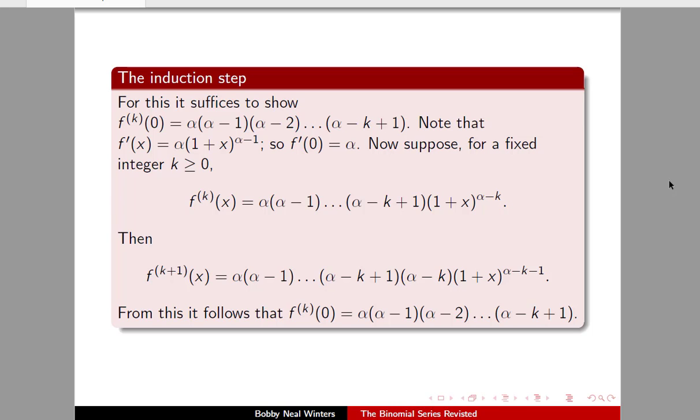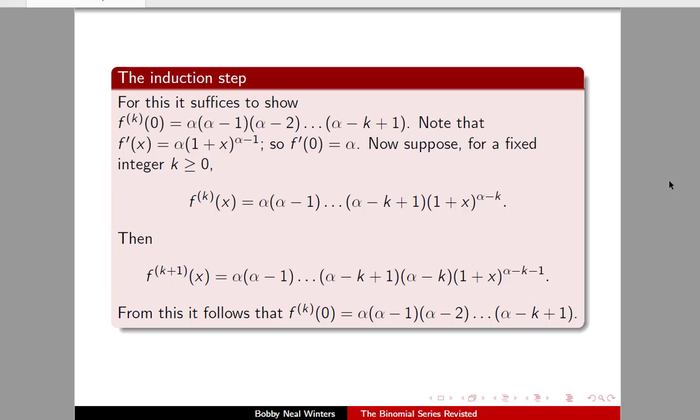Okay. Note that the first derivative of f at x is alpha times (1 plus x) to the alpha minus 1 power. We get that from the chain rule. If we evaluate f prime at 0, that gives us alpha.